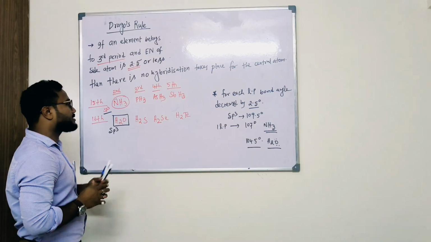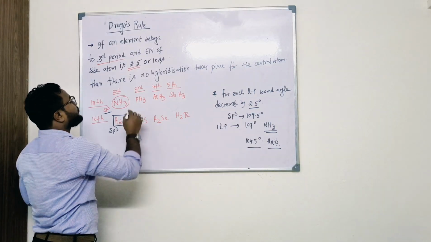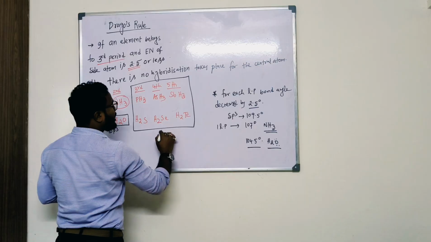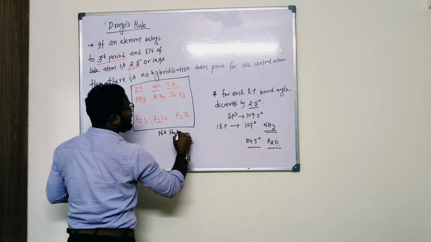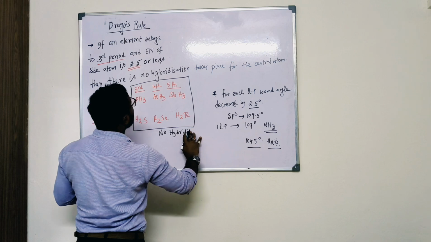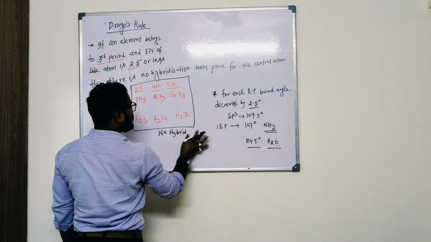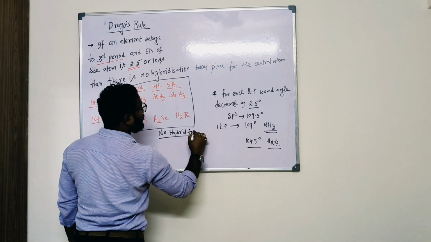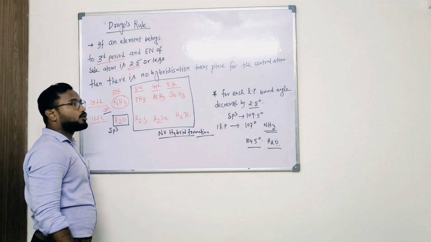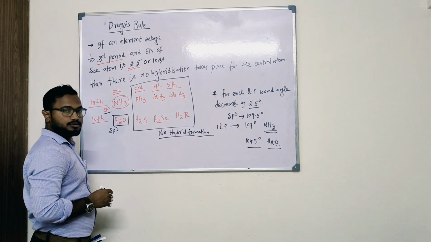In these cases it is going to happen. So from this to this, they are not going to show hybridization. For them there is no hybrid formation. No hybridization is observed.